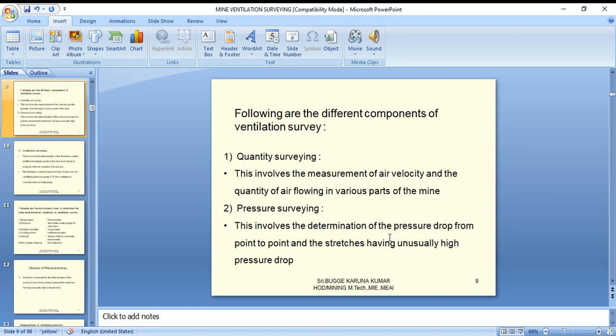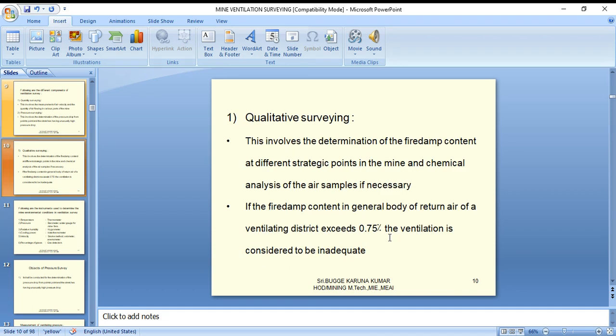Pressure survey. This involves the determination of the pressure drop from point to point and stretches having unusually high pressure drop. So these two are very important. And qualitative survey: these things are already done by flame safety lamp, methanometer, and multi-gas detectors, which you have already conducted.